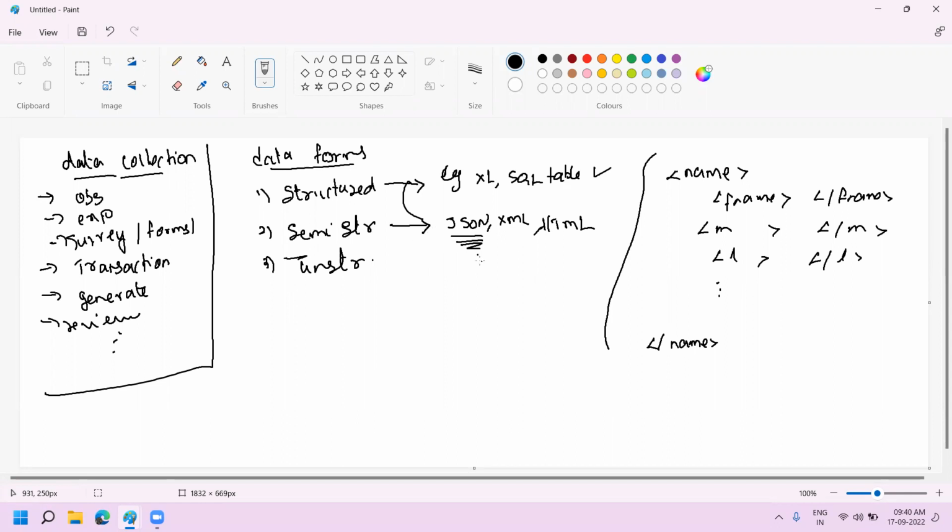So this represents which object in Python? Dictionary. Good. Then what is unstructured data? Correct, free form text. What is the difference between a text file and a free form text file?